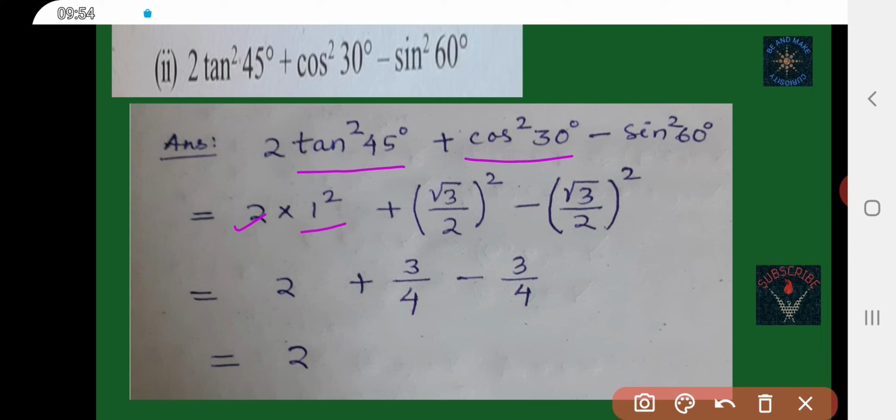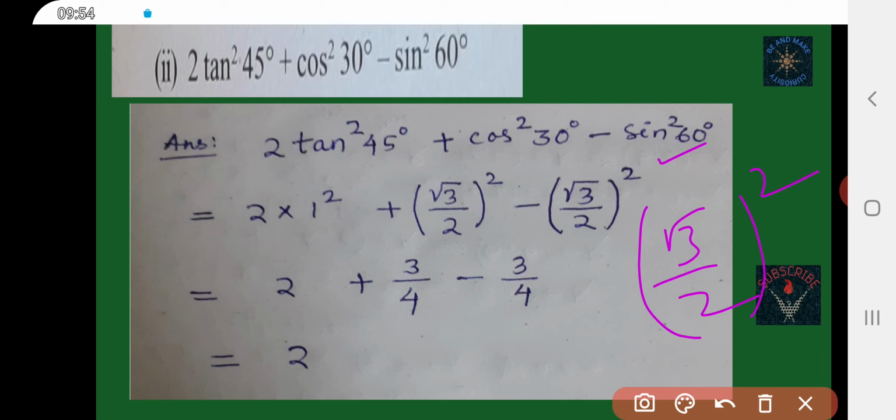Similarly, cos square 30 degree is cos 30 degree, which is root 3 by 2, squared, so root 3 by 2 whole square. And sin square 60 degree: sin 60 degree is root 3 by 2 and its square is this.